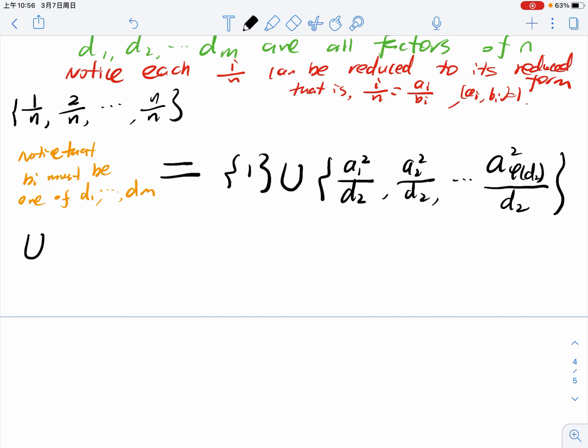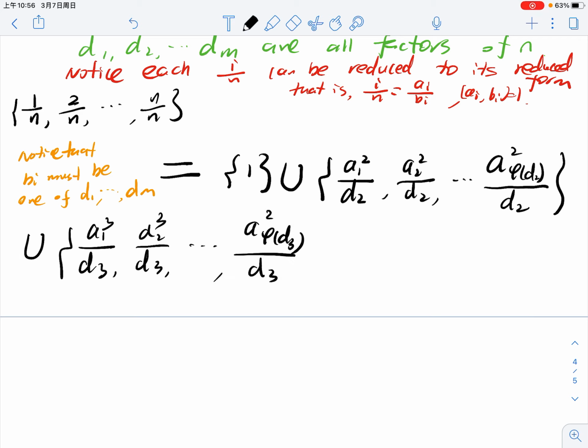Similarly, you can write down all the fractions with denominator d3. Totally, you have phi d3 fractions. And lastly, you have dm.